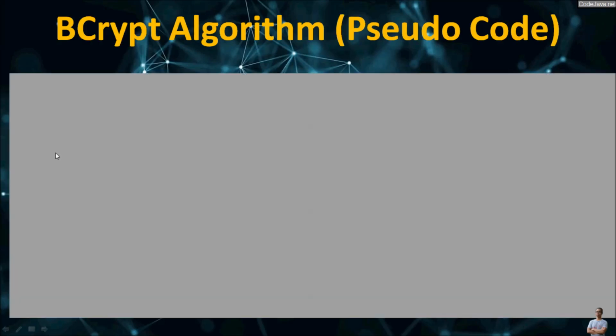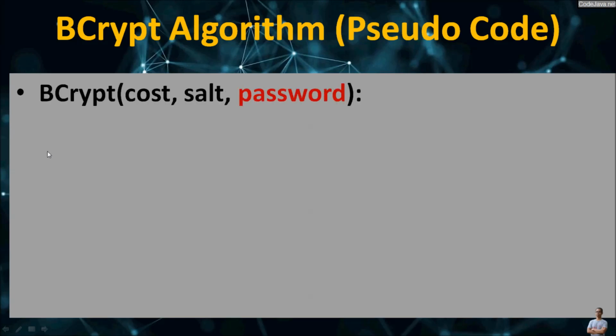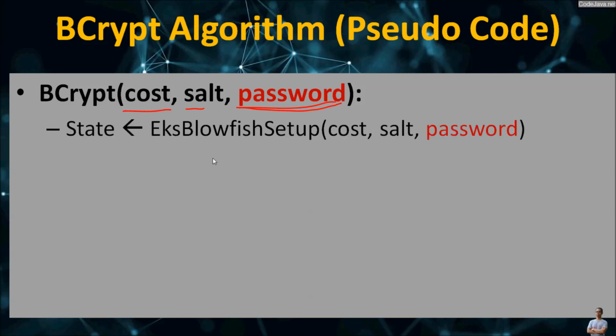Now let's understand the BCrypt algorithm with some pseudocode. Suppose that we want to generate a hash value for a given password. So the input of the algorithm is the cost or the strength of the algorithm, a salt, and a given password. And then it initializes the state by setting up an expensive key using the Blowfish algorithm for the cost, salt, and password.